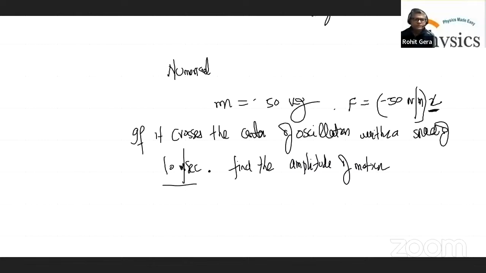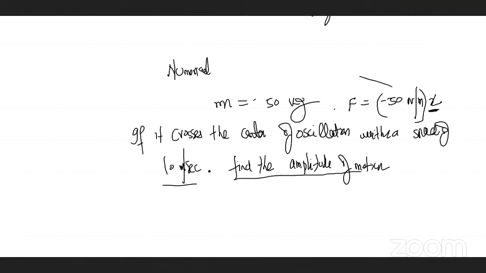How do you do this? Mass is known, force is known, and it crosses the center with a given speed; find the amplitude. This is known, it is 50.